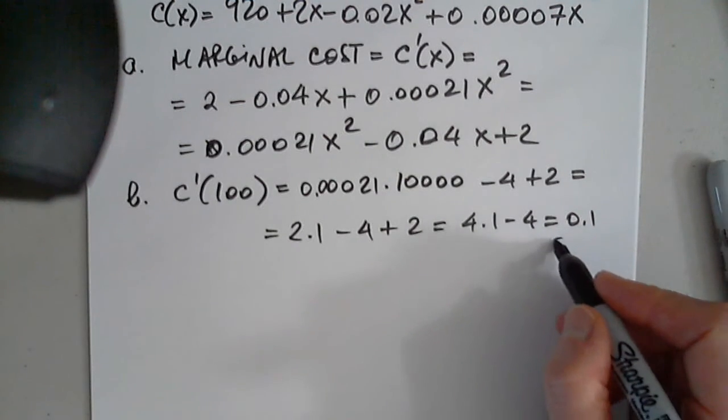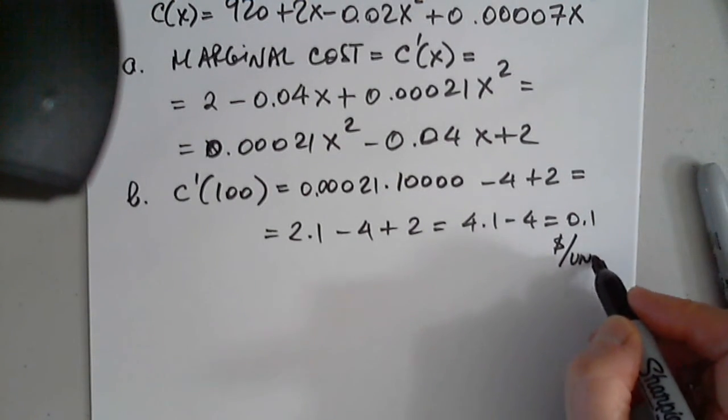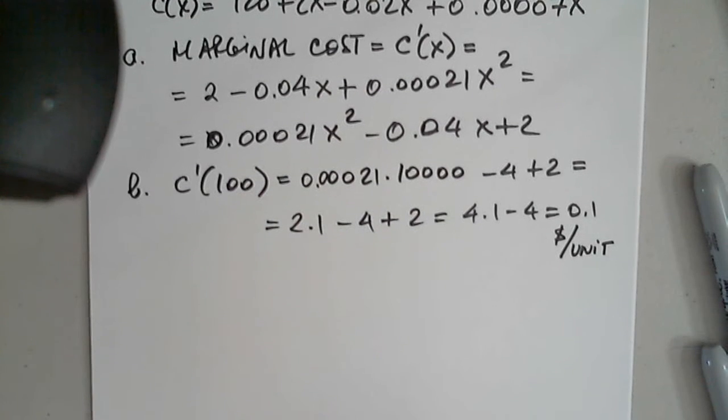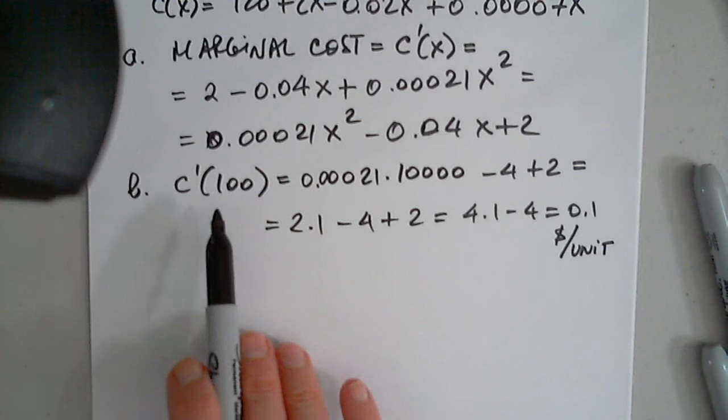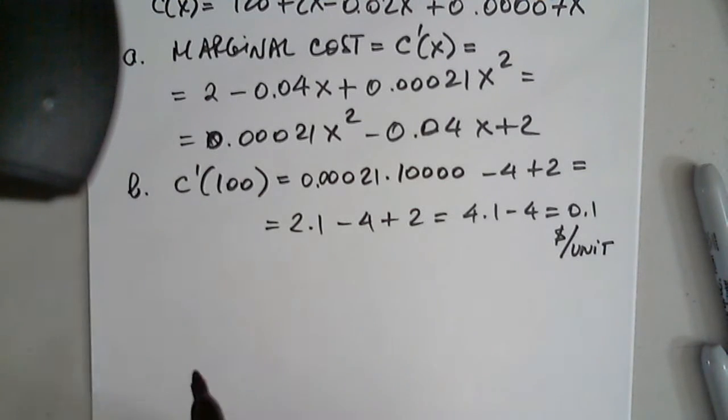So this is, of course, in dollars per unit. The rate of change of the cost when we manufacture 100 units.